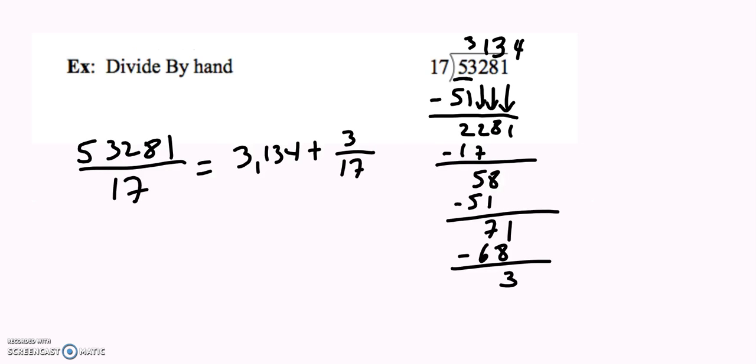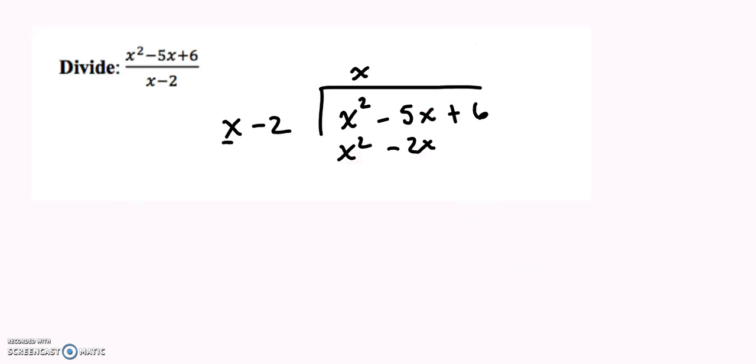And remember what we did here. Once I did 3 times 17, I subtracted the number that I got. So let's subtract the x squared, and let's subtract the 2x, which is going to be a positive now.